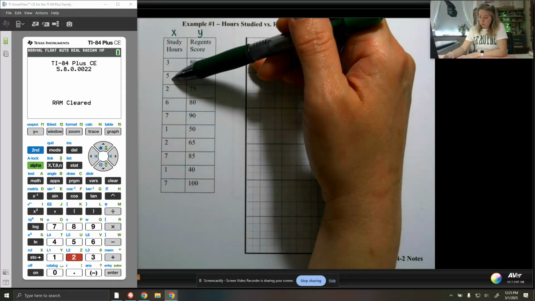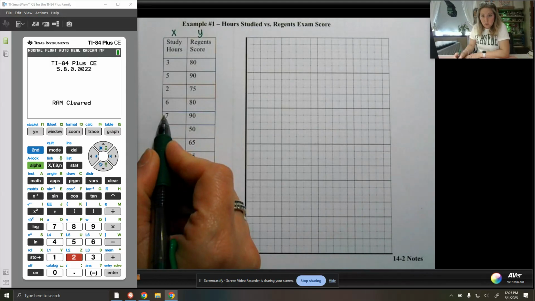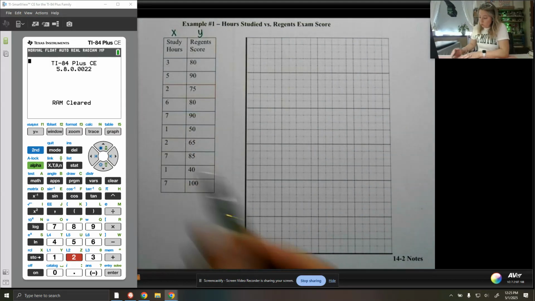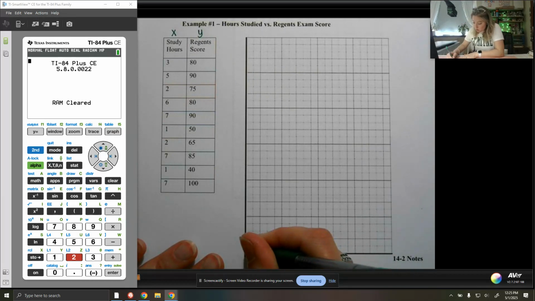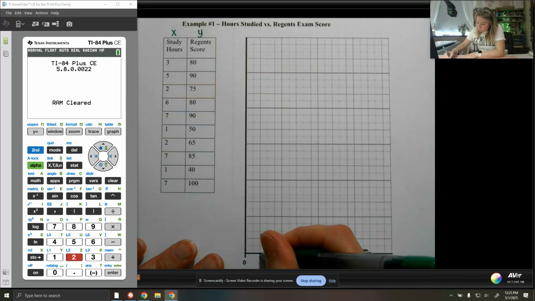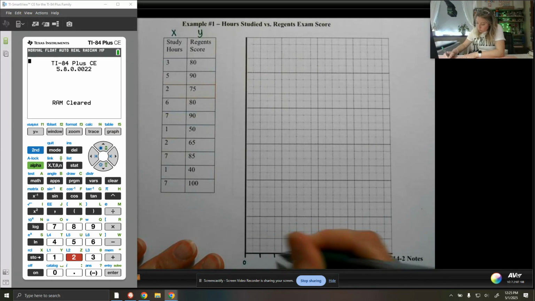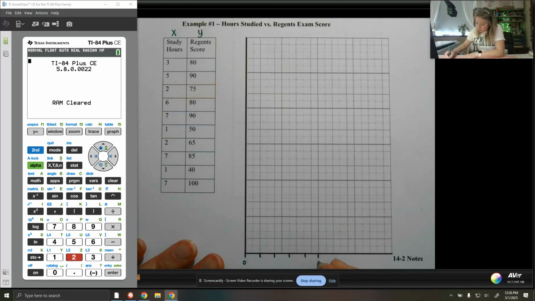Study hours, study hours. Okay, we got some X's, 7, 7, 7. So if we look down on our x-axis, we clearly have enough space to space this out a little bit. We don't have to squeeze them all in. So we're always starting with 0. And then let's skip count. 1, and then skip 1, 2, skip 1, 3, skip 1, 4. And there's where 5 is. 6, 7 is our max, actually.